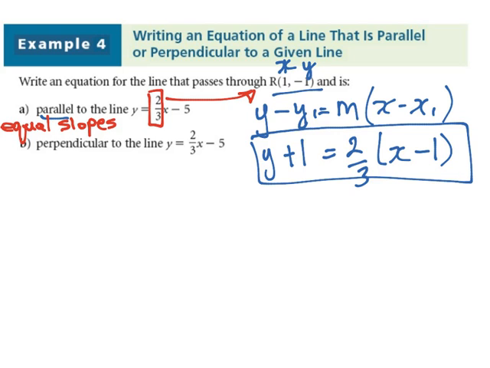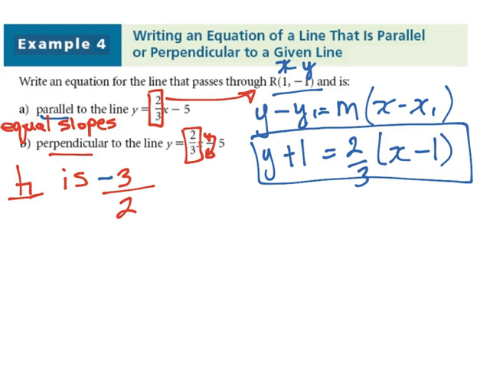For a perpendicular line, in this case, the slopes are not the same. They're negative reciprocals. This means that for a perpendicular slope, we interchange the 3 and the 2 and take the opposite sign of the slope. In this case, it's negative. So now our equation will change. The point will not.